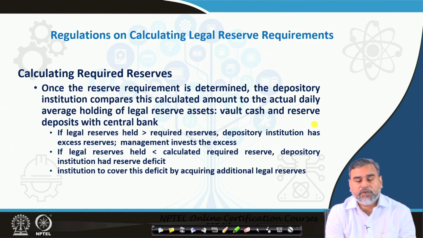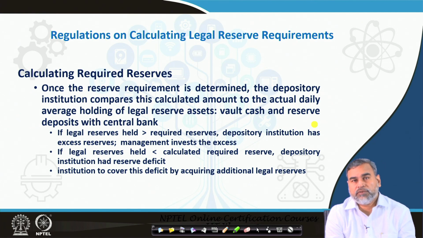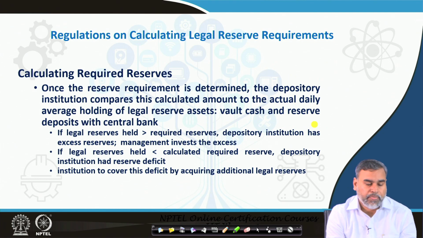This is to see whether any extra money is required, or the bank is already fulfilling the criteria the central bank has fixed, or they have already kept extra money exceeding the amount they are supposed to keep.